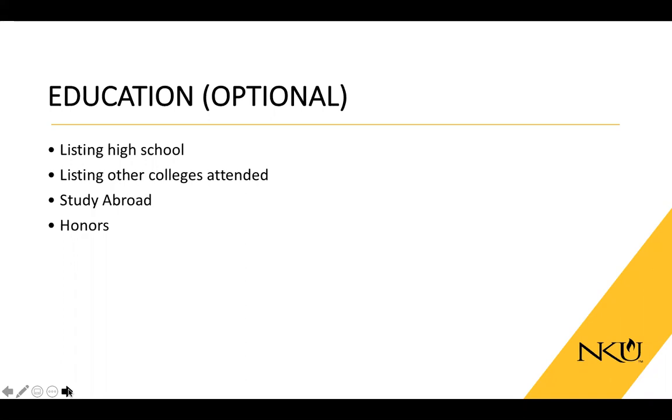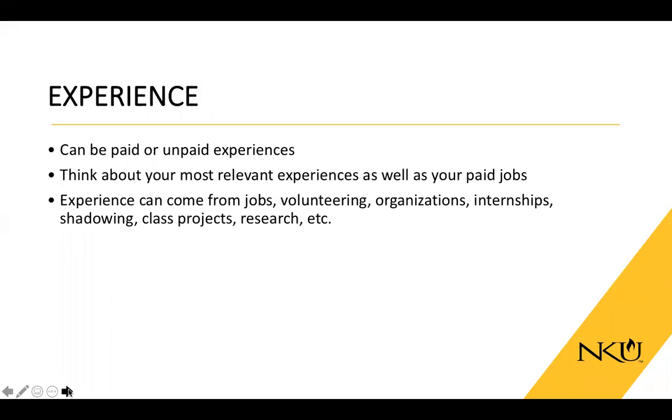If you obtained a degree from that past college, then we would recommend listing it on your resume. If you have had the opportunity to study abroad, you could also include that here in the education section. If you have any honors, such as President's or Dean's List, you could include that in your education section as well.